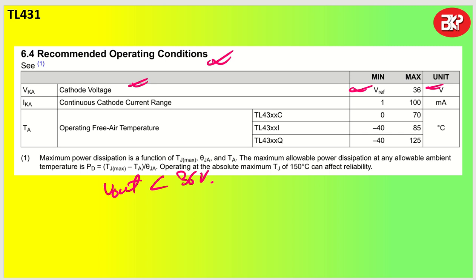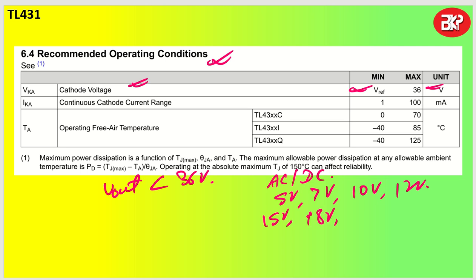You can design an AC-DC converter with 5 volt output, or let's say 7 volt, 10 volt, or 12 volt output, whatever voltage output, but it must be less than 36 volt. Up to 30 volt, I recommend you go ahead with this method to design your output voltage.